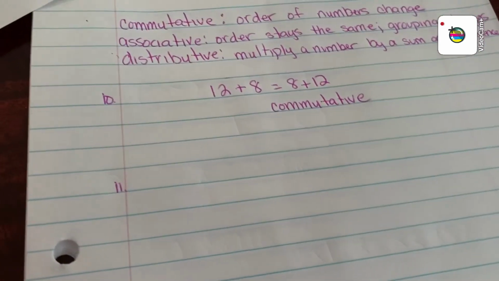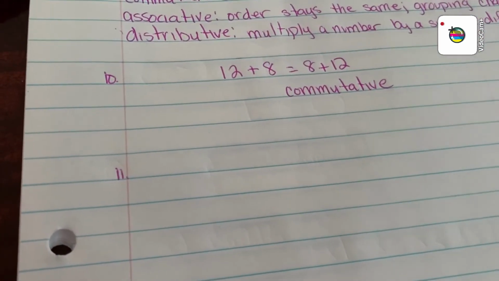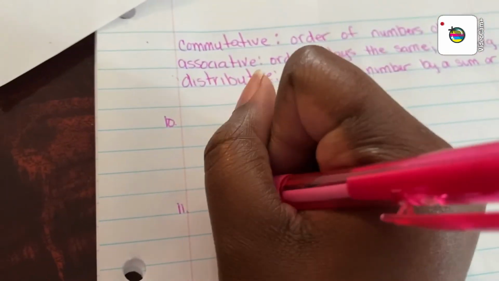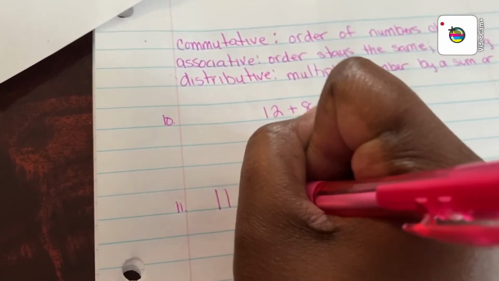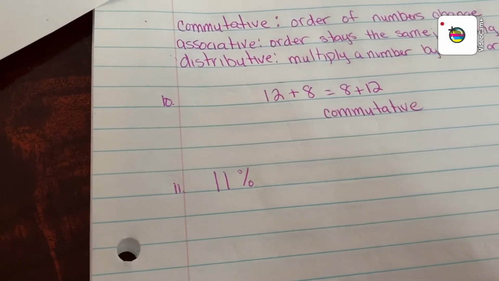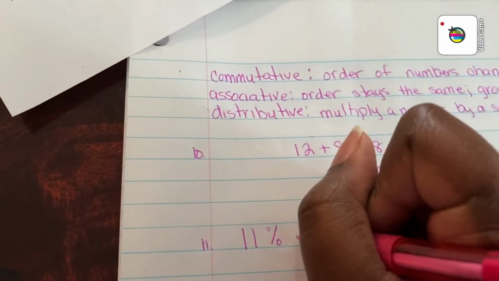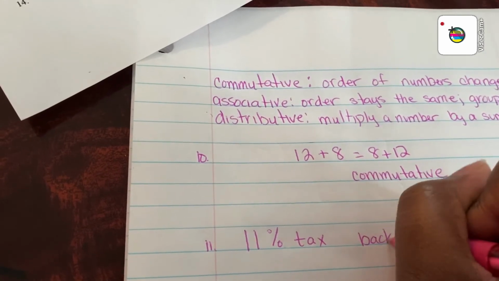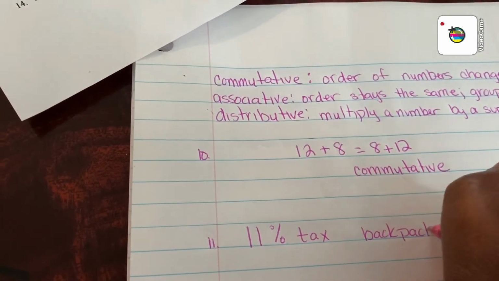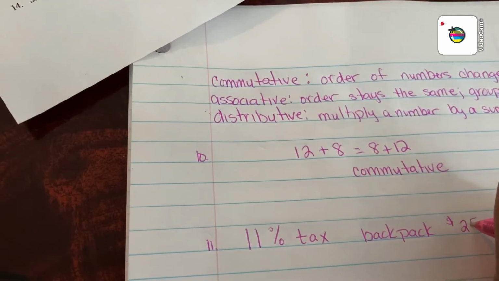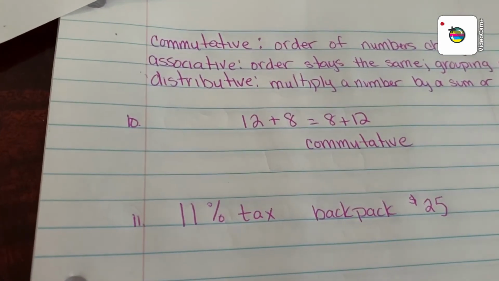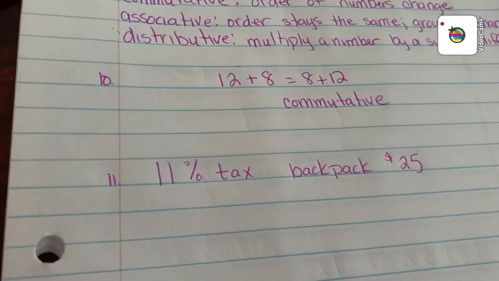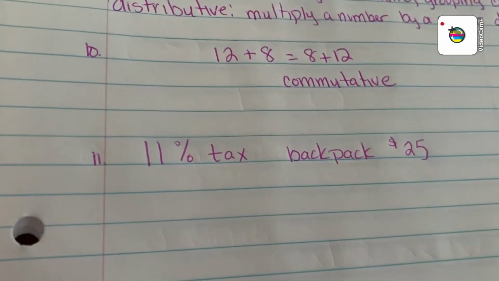Okay, number 11 wants us to use mental math to find 11% tax on a backpack that costs $25. Now, it says use mental math, but I know my students, I know a lot of you are just going to pick up that calculator.